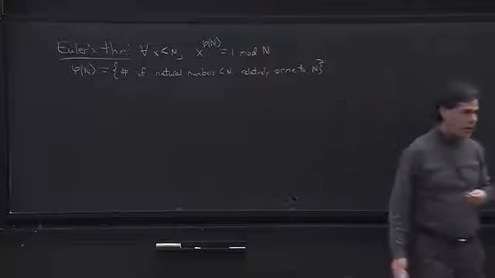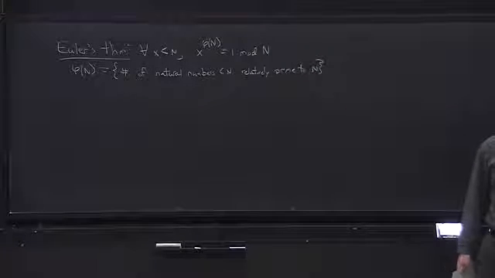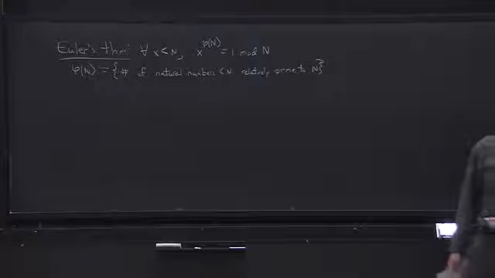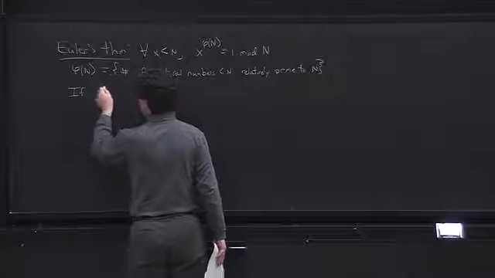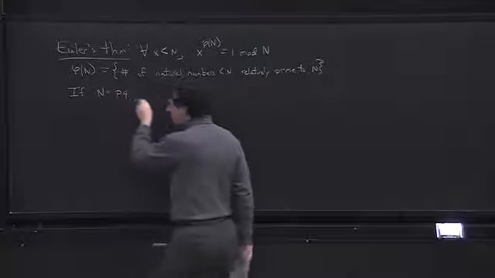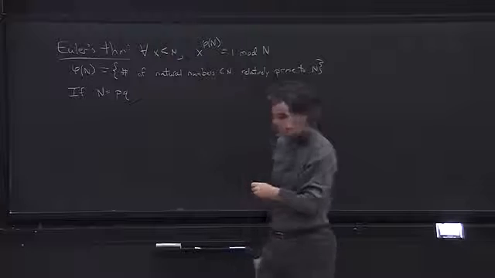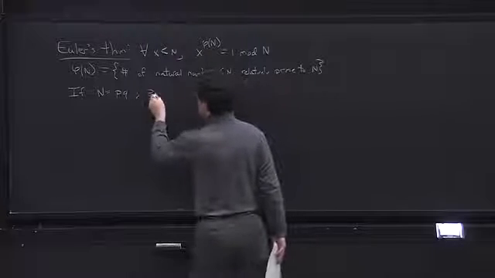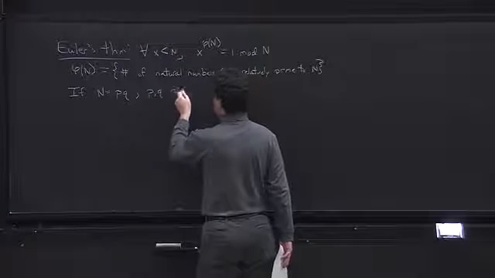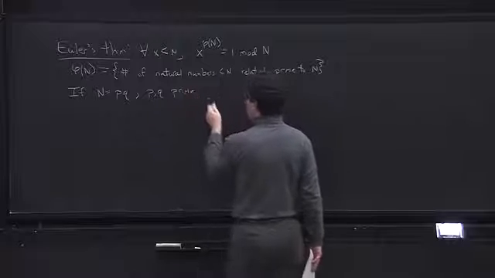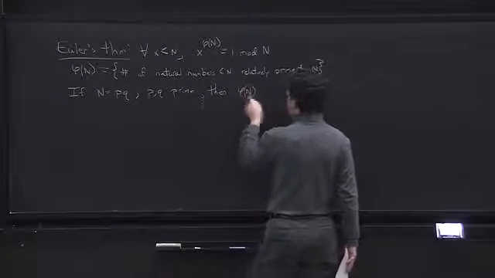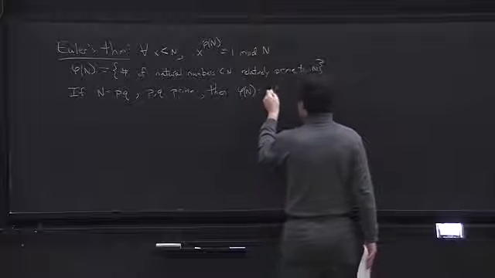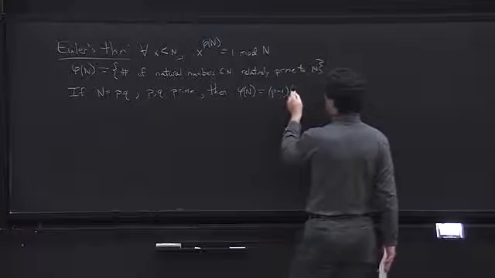And so there's a relatively simple formula for this in terms of the prime factorization of n. In particular, if n is equal to p times q, where p and q are prime, so that's the case we're most interested in, then phi of n is equal to p minus 1 times q minus 1.